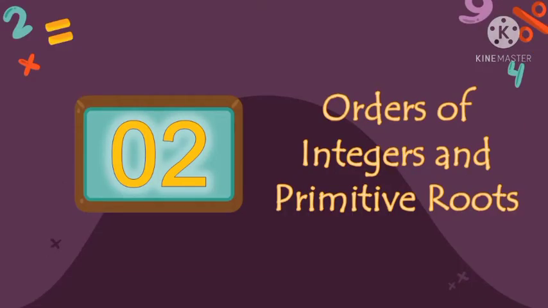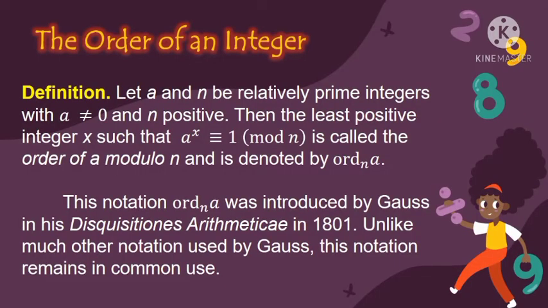We are now on our second part of this video lesson. Here, we will understand and recall orders of integers and primitive roots. The order of an integer. Definition. Let a and n be relatively prime integers, with a not equal to 0 and n positive.